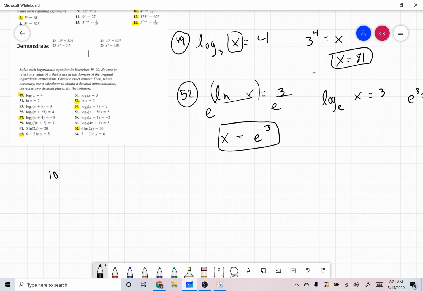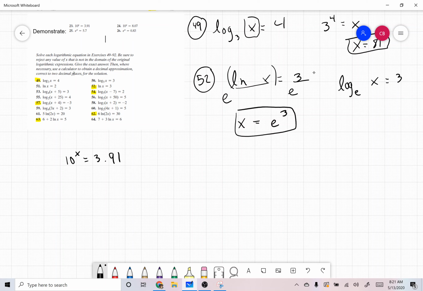We have 10 to the x equals 3.91. If we want to get rid of the base 10, we take log base 10. Actually, sorry, I'm doing number 23 from above.